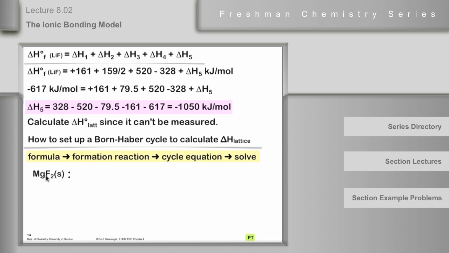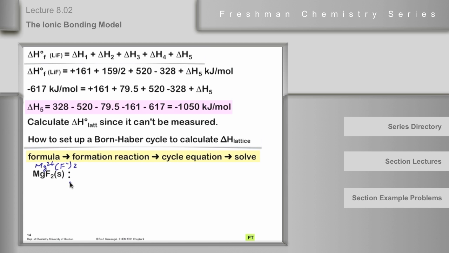So let's suppose that we had a different kind of compound with an MX2 formula. Most students understand the steps in MX, like lithium fluoride or sodium chloride, but sometimes they get in trouble when they have to think about a different formula. Well, this formula, I think it goes without saying, involves magnesium 2 plus and 2 fluoride ions.